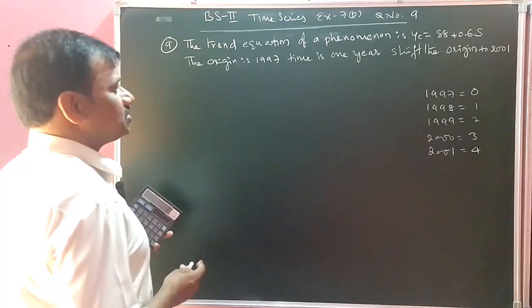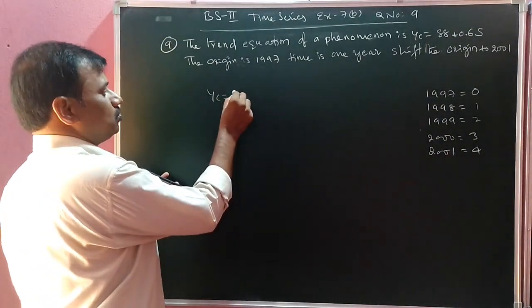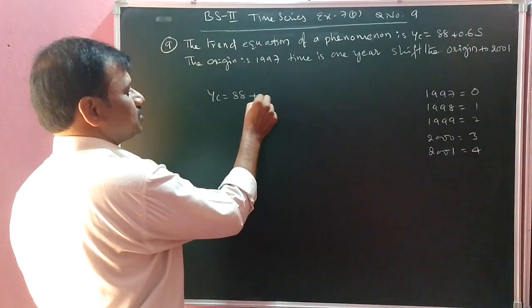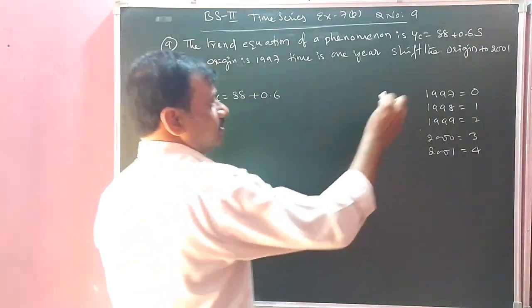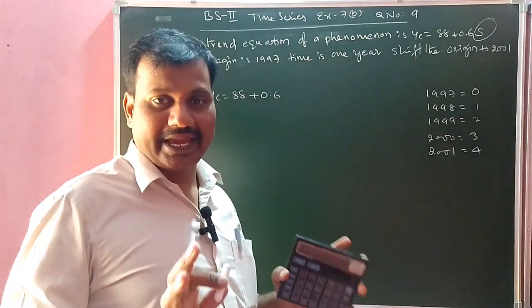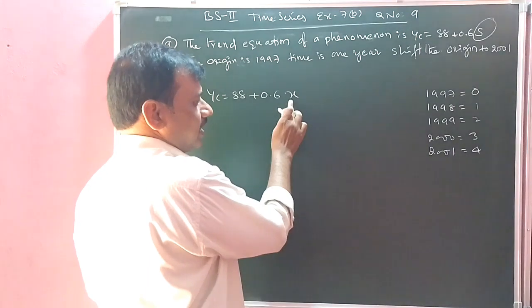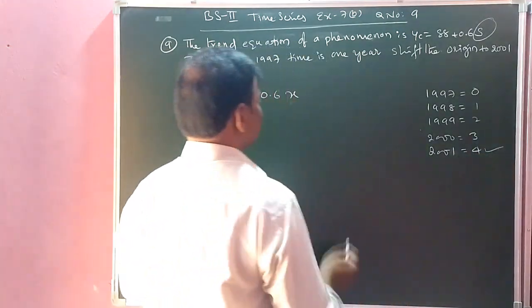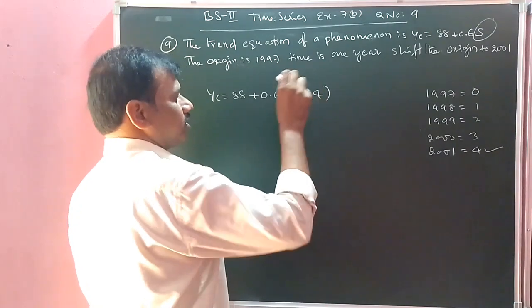Let us see. The given equation is YC equal to 88 plus 0.6x. Here x is given, so to this x value we add this 4. So x plus 4, put in bracket.